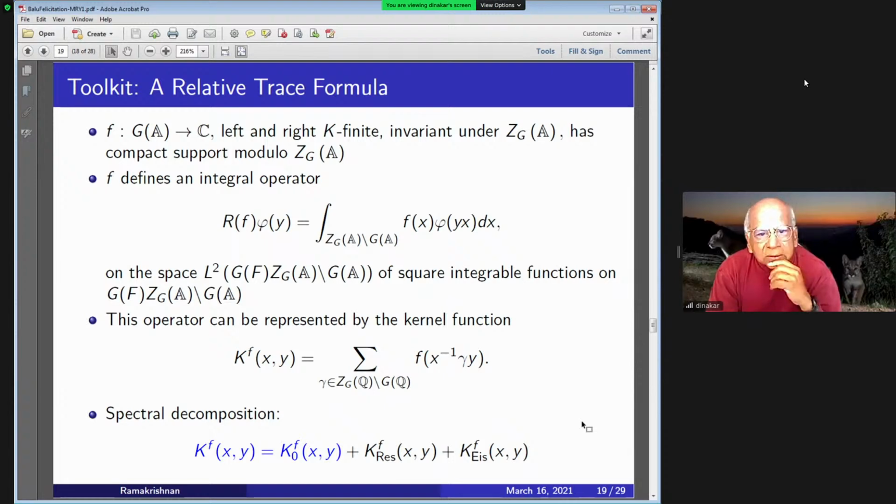If you work with level 1, you can completely avoid adeles, but in general, it's better to use this. So you take a function on the Lie group, which has nice properties, is compactly supported, and is a test function.